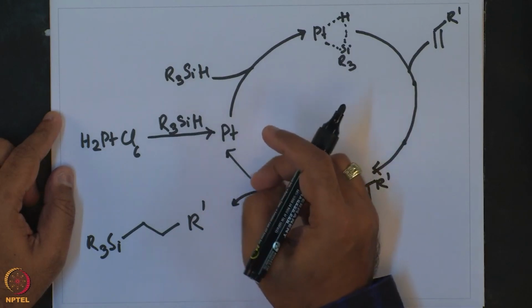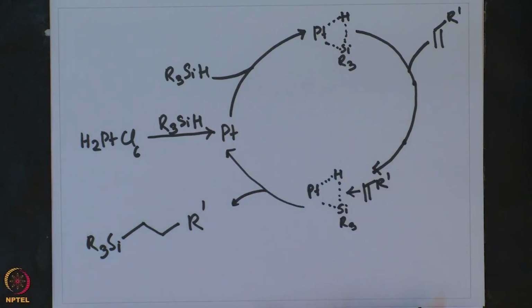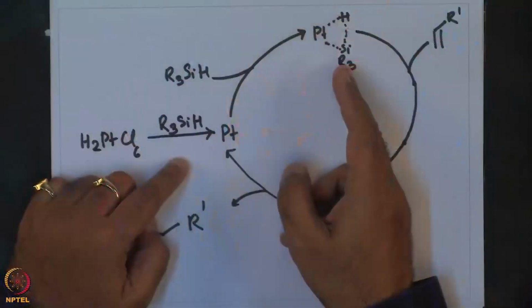Now, this hydrosilylation reaction thus composes of three elementary steps. The first is the formation of the sigma complex.